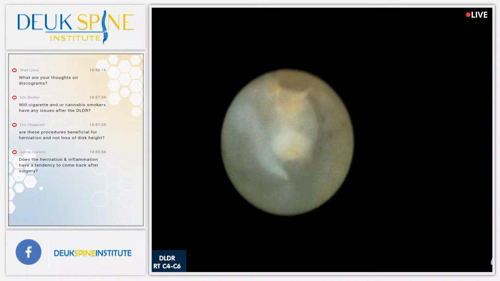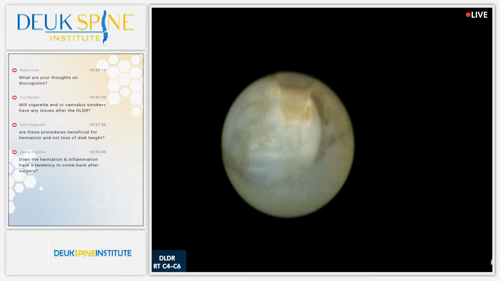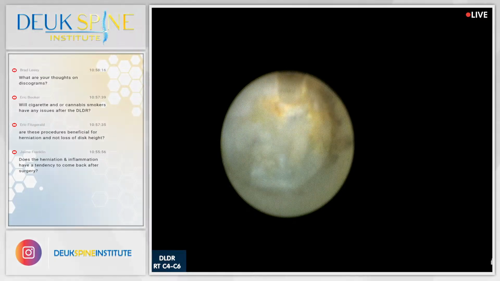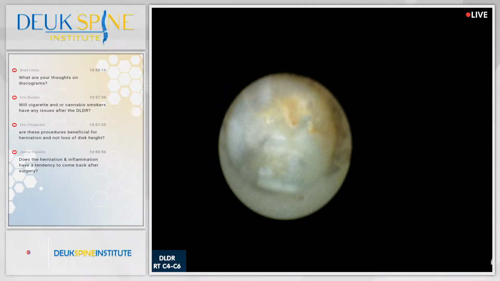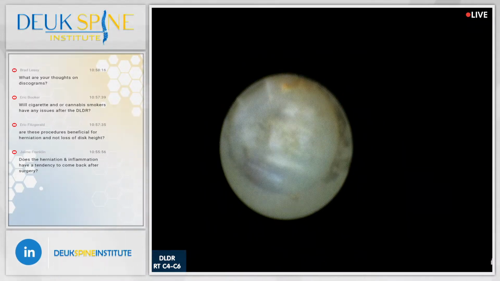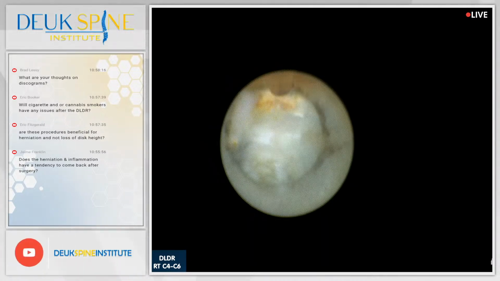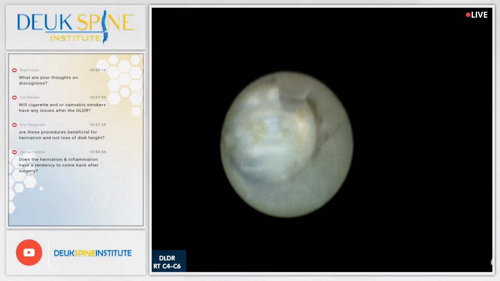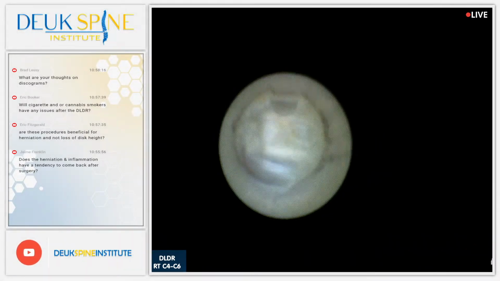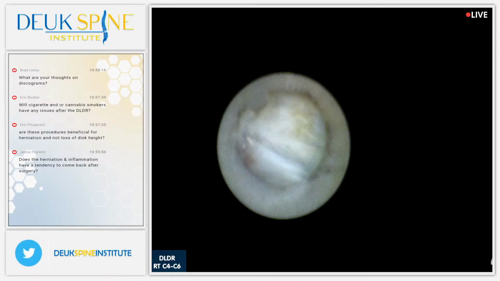That's the actual number. So we've done over 2,000 of these surgeries over the years, and we've had 21 re-herniations. So 1% will re-herniate, 1%. And I can tell you this, 99% of the time it's because the patient didn't listen to what we told them to do.